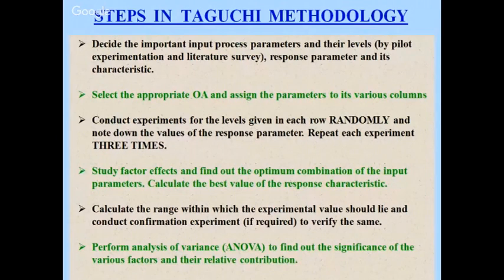Or a factor in which changing level from 1 to 2 is very difficult, you assign to the left side. This comes with a little bit of practice, of course. Immediately that will not come, and that is not my intention also. The intention is right now to just give you an idea and scope of this method.